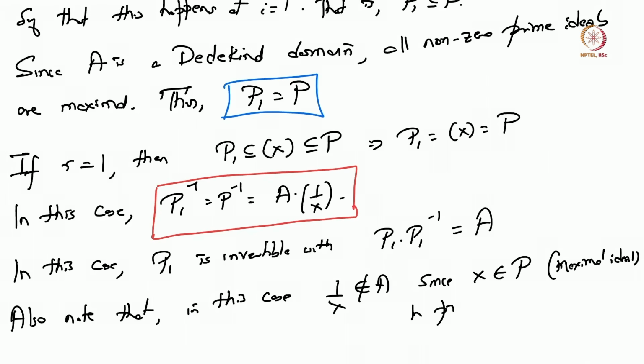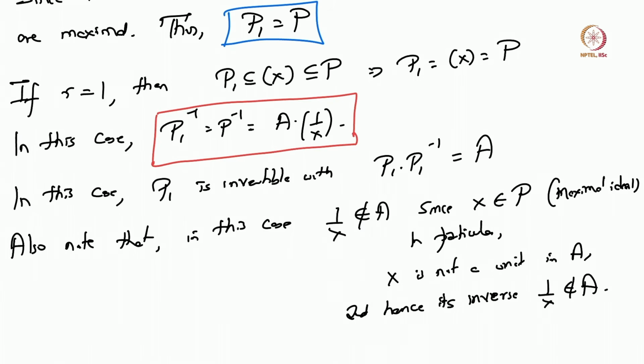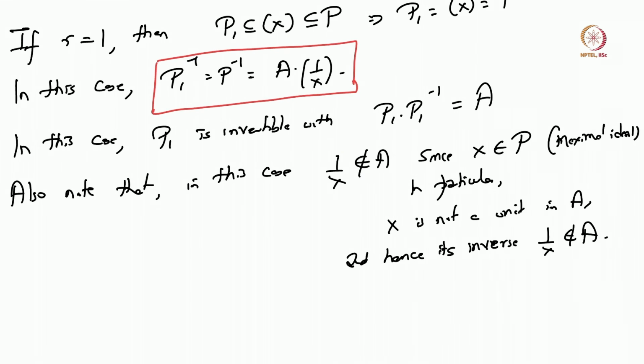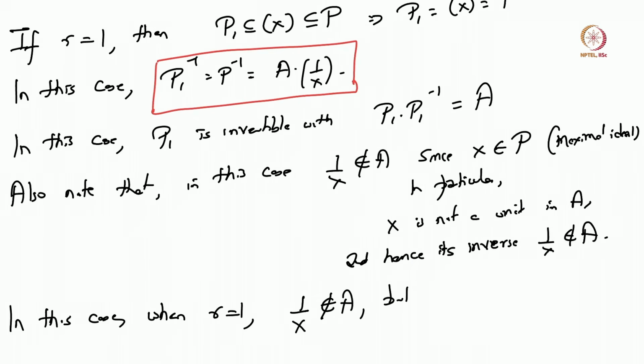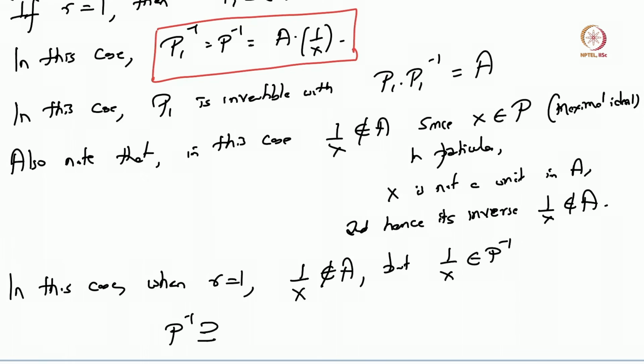So in particular, x is not a unit in A, and hence its inverse 1 over x doesn't belong to A. Okay, so when r equals 1, 1 over x is an element that's not in A, but 1 over x belongs to P inverse. And so in this case, we see that P inverse strictly contains A.